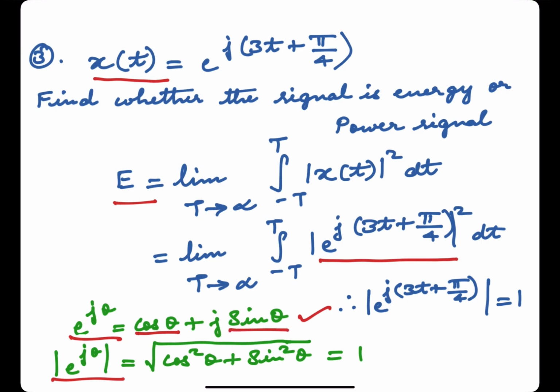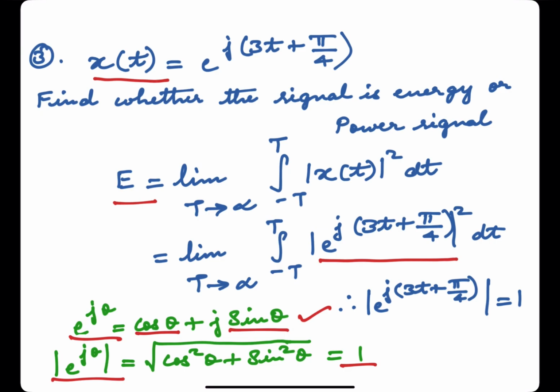So mod of e power j theta is equivalent to the square root of real part squared plus imaginary part squared, that is the square root of cos squared theta plus sin squared theta. According to the trigonometric identity, cos squared theta plus sin squared theta is 1. So the whole mod of e power j theta will be equivalent to 1.